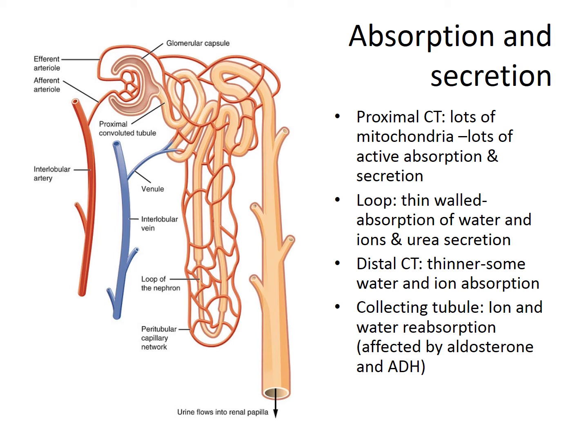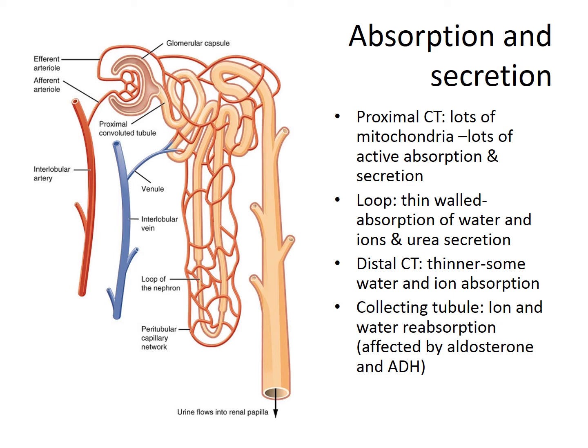Then we've got the loop. Can you see that the loop is surrounded by blood vessels? Very important. For the most part, this loop of Henle is involved in the absorption of water. In order to do it, salt, sodium chloride, has to be moved into the region outside the loop in order to help to suck the water out.